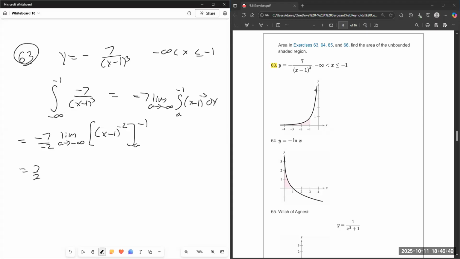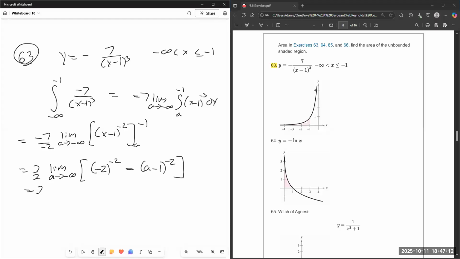This is 7 halves, limit as a goes to negative infinity of negative 1 minus 1 is negative 2 to the negative second, minus a minus 1 to the negative second.